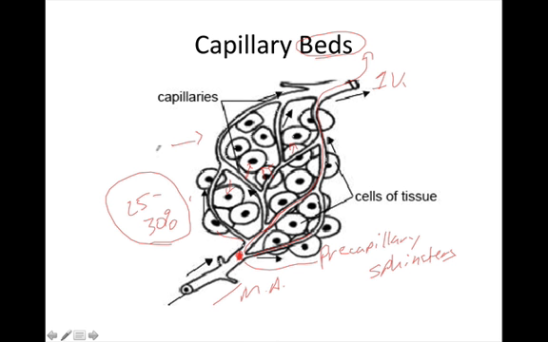Now, in a situation like exercise, where we are adding more stress and demand on our body, where we are increasing the demand for oxygen and glucose and fats and so on to burn for energy, and some amino acids in the late stages of exercise, obviously many of these sphincters are going to open up, and we are going to increase our perfusion rate into more capillary beds.